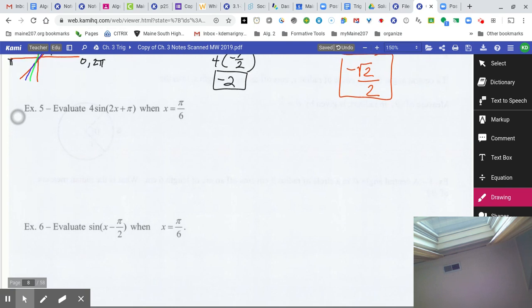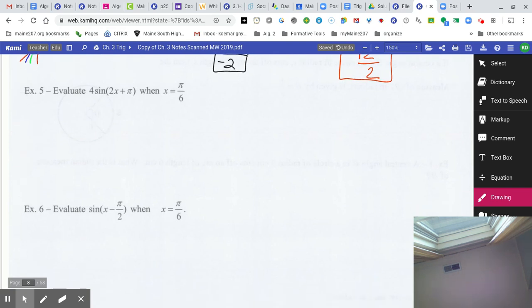Okay. The last couple of examples, 5, 6, and 7, are asking you to do some evaluations and understand what pi over 6 actually is, or when I put them into an equation, actually to do some simplifications. So they're telling me that x is equal to pi over 6. So I have 4 sine of 2 times pi over 6 plus a pi.